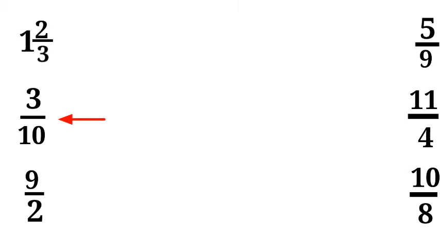The next, 3 over 10, is a proper fraction. 9 over 2, the numerator is bigger than the denominator, so that's an improper fraction. 5 over 9, the numerator is smaller than the denominator, so that is a proper fraction.